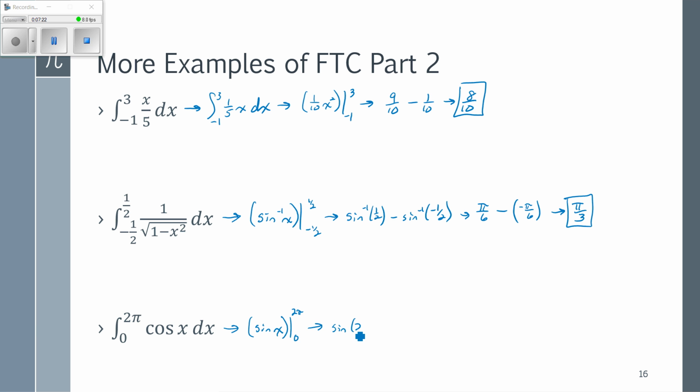So I have the sine of 2 pi minus the sine of 0, which is 0 minus 0, or 0. And this actually should make sense because cosine is periodic, and its period is 2 pi. It's symmetric above and below the x-axis from 0 to 2 pi, so the area above the x-axis has the same magnitude as the area below it. They cancel each other out.